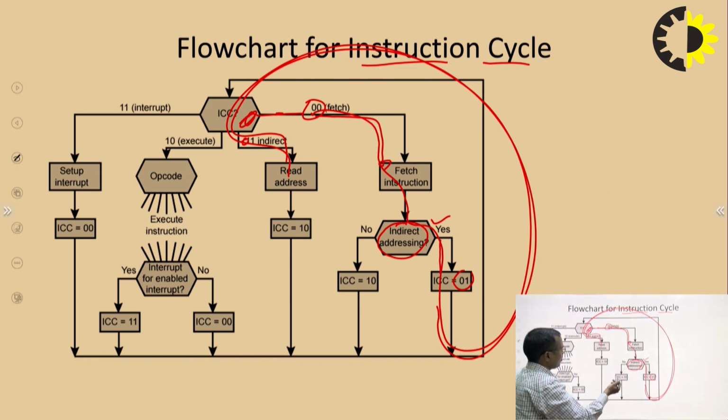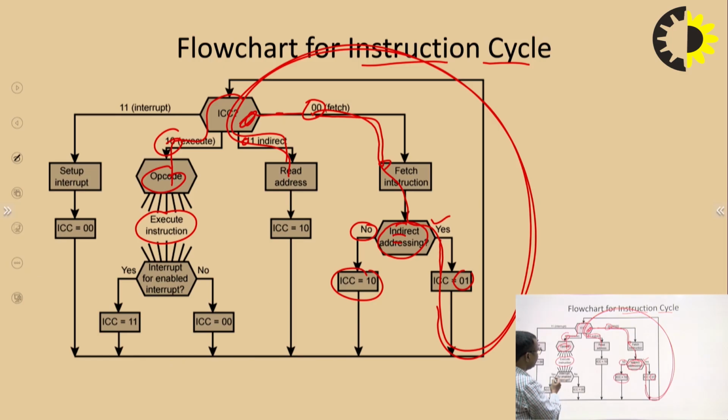Now there might be a possibility that there is no indirect operation. Then I will go to 10. 10 is execute, because I have the data already, so I won't go for the indirect cycle. So I may go this path also. If I execute, based on the opcode we will execute it, and after execution there are again two decisions, yes or no. If there is an interrupt, I will go again to operation 1, that is the interrupt cycle.